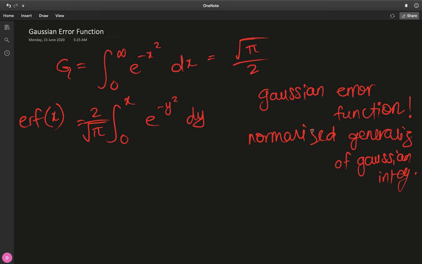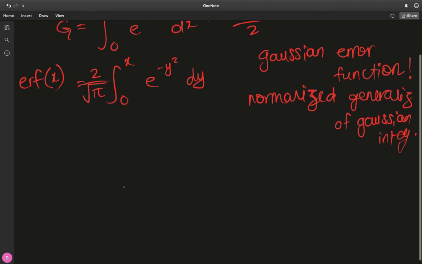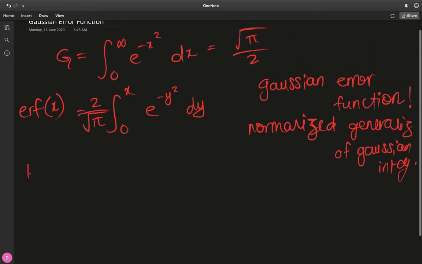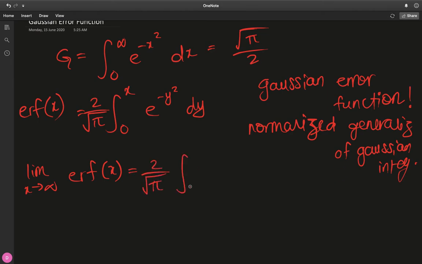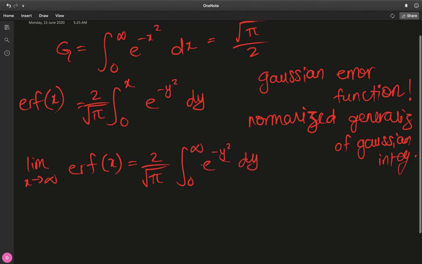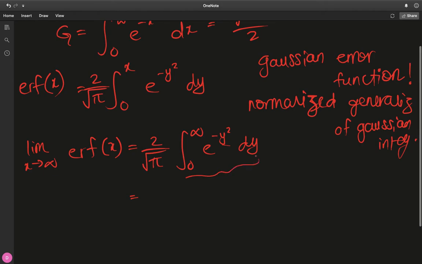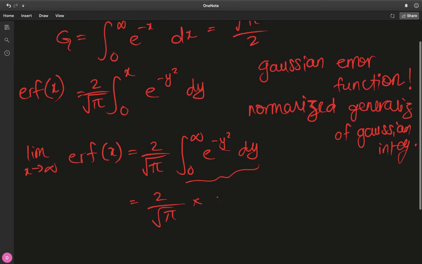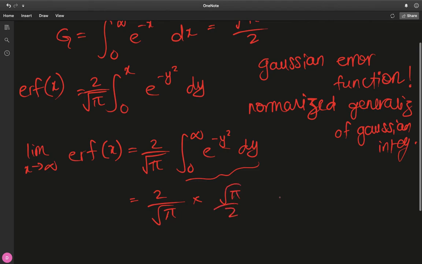Why do I say normalized exactly? That's because if you let x tend to infinity, so you have the error function of x as x tends to infinity, this is just going to be 2 over square root of pi times integral from 0 to infinity of e raised to minus y squared dy, and this is the Gaussian integral. So we have 2 over square root of pi times square root of pi over 2, and we get 1.